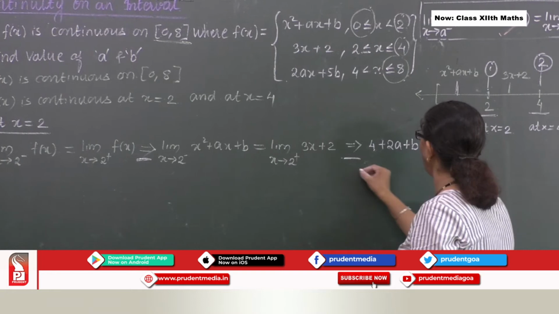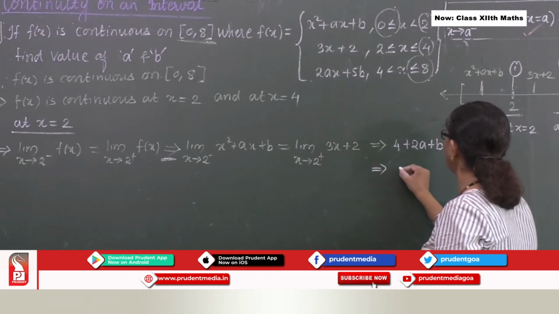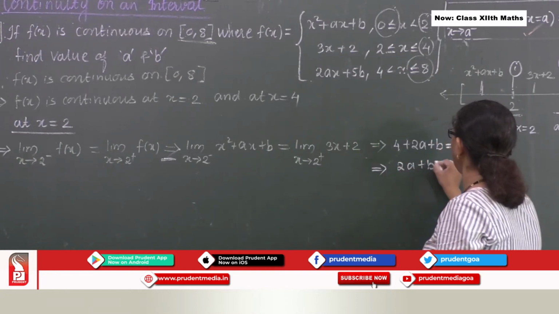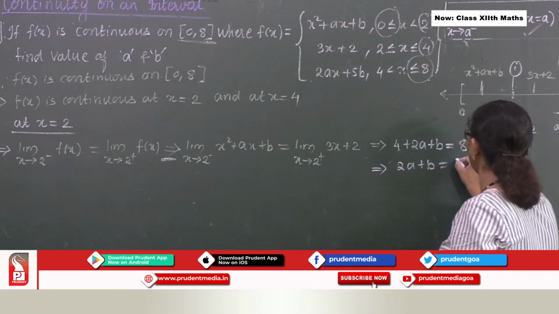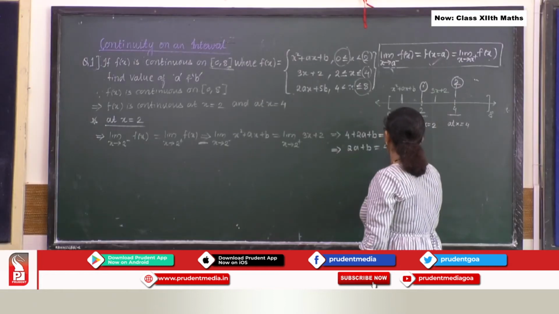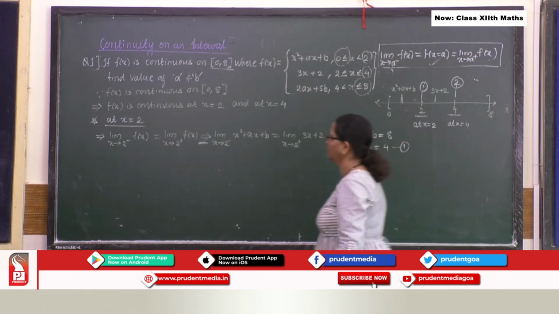So I get 2a plus b equal to 4. So this is my equation 1.